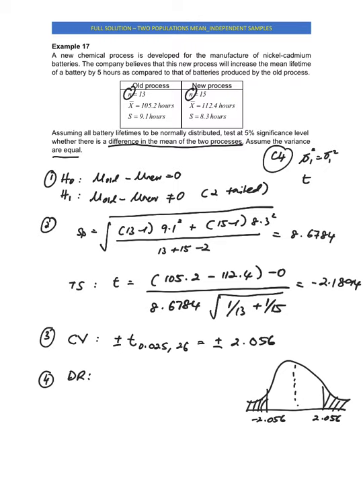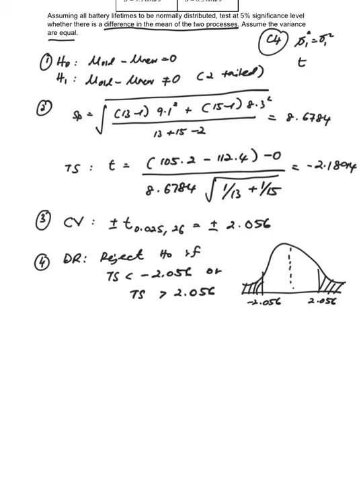We will reject H naught if test statistic less than negative 2.056 or test statistic greater than 2.056 for the right tail. Sebab dia ada two tail, so kita kena tengok kedua-dua both side.